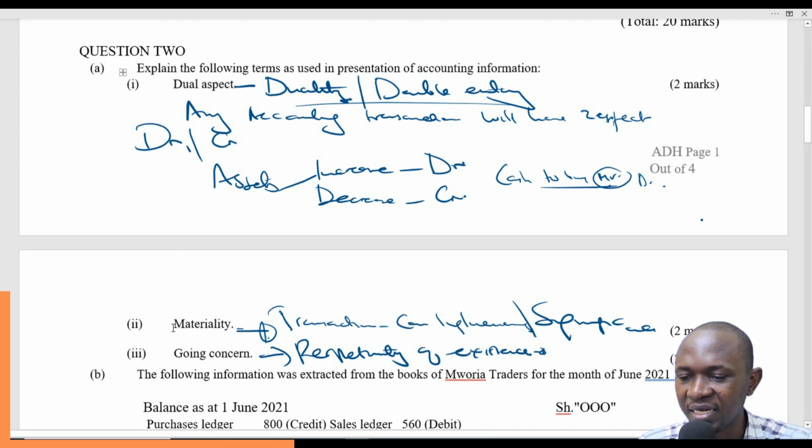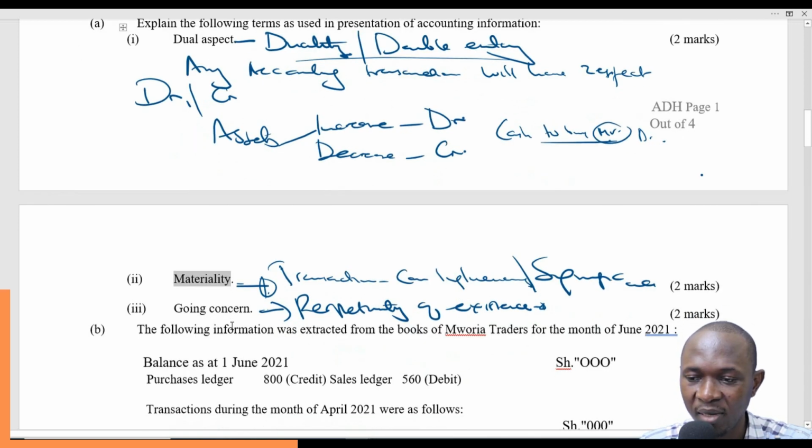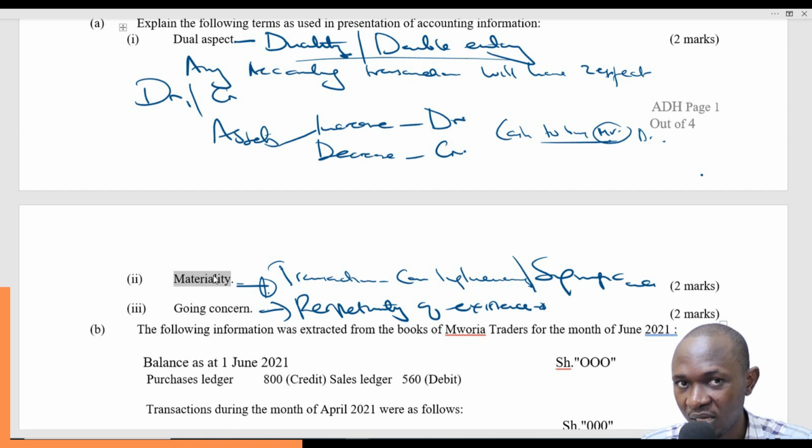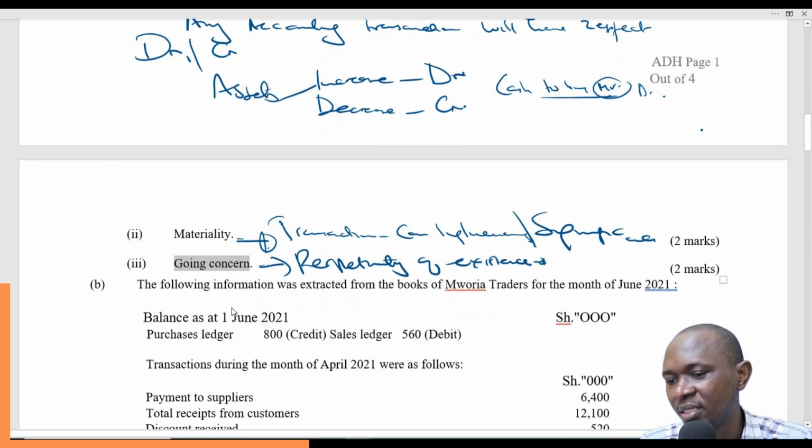Materiality is the significance of the transaction in question, whether it can affect the decision-making ability or not. If it can, then we say it's material. Then going concern is the assumption that the business will be there to stay for as long as it takes, and it doesn't plan in any way to close shop anytime soon.